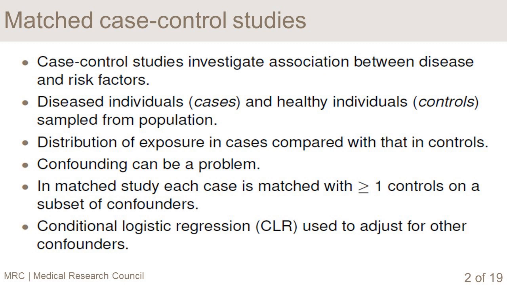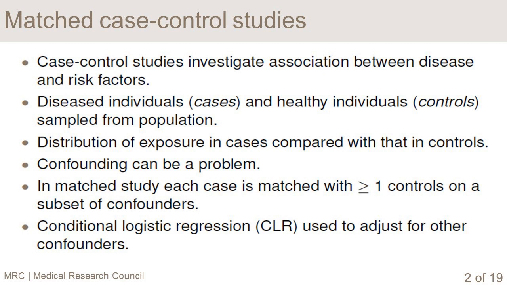And then we compare the average exposure in the cases with the average in the controls. And if, for example, we find that the average exposure is higher in the cases than in the controls, that might lead us to suspect that the risk factor is causing the disease.